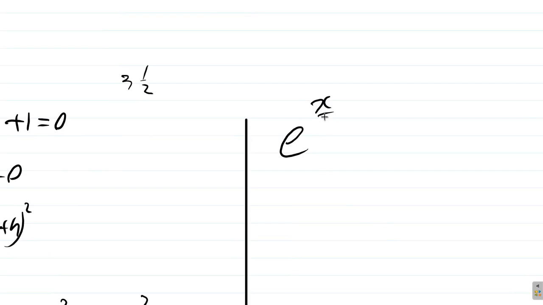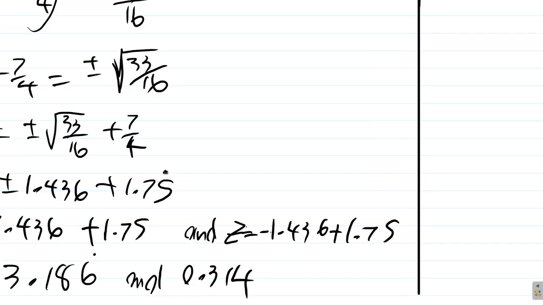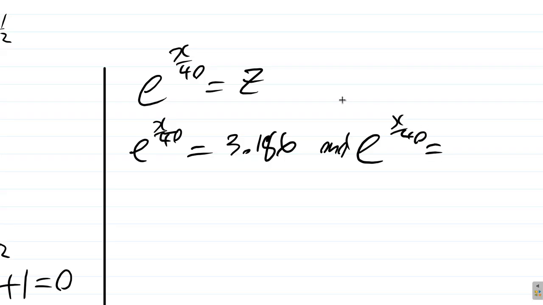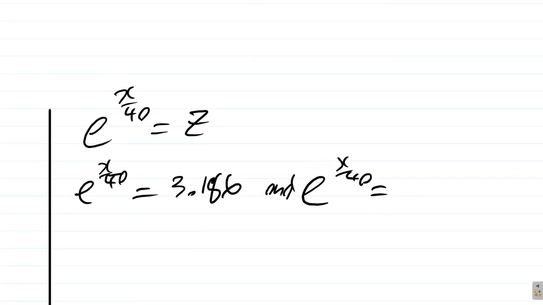So in one case I had 3.186, so e to the x over 40 equals 3.186, and in the other case, remember it's 0.3 something, what was it again, 0.314, right, e to the x over 40 equals 0.314.